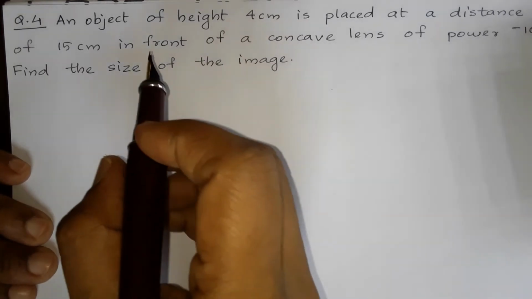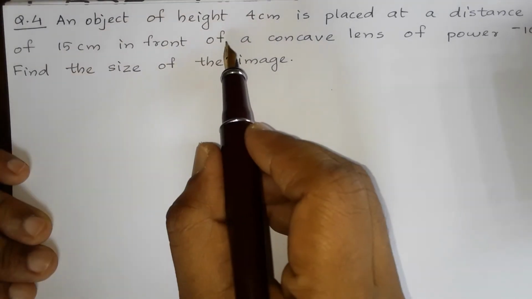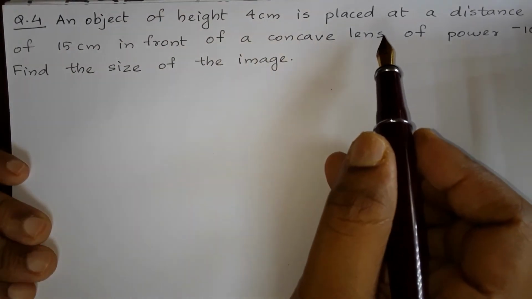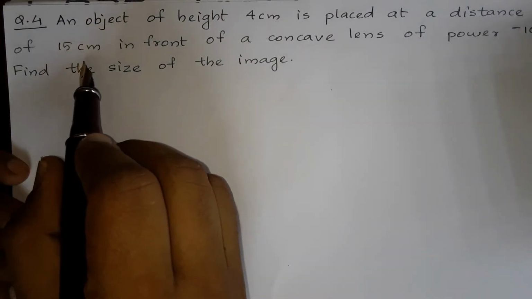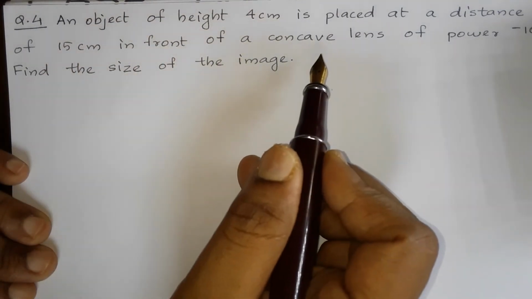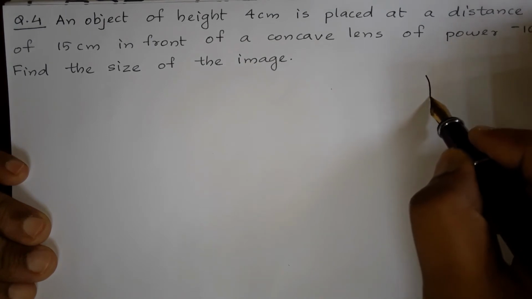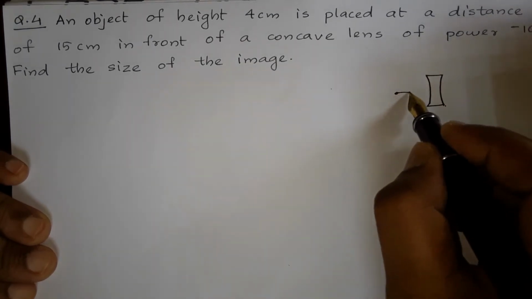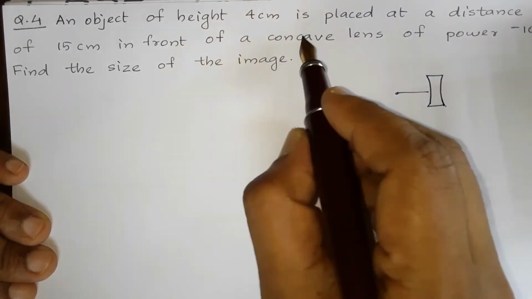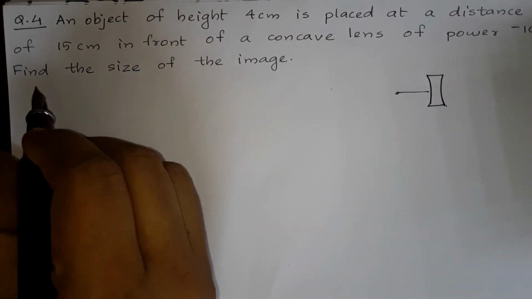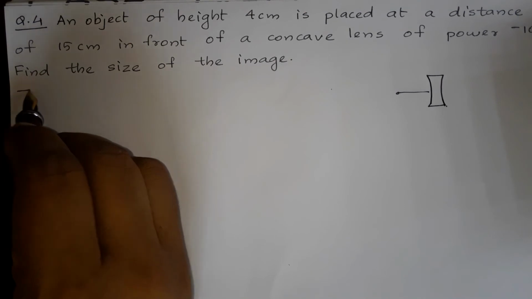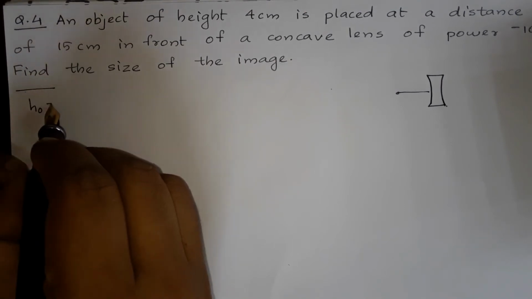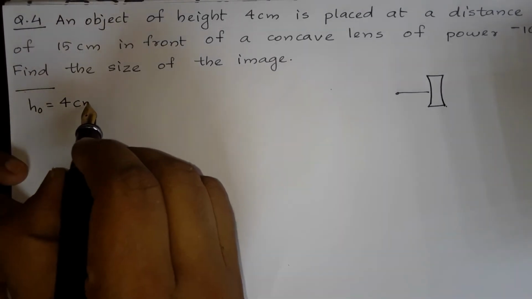This is our fourth question. An object of height 4 cm is placed at a distance of 15 cm in front of a concave lens. We have a concave lens. In front of it we have kept an object of height 4 cm. So we can write height of the object is 4 cm.